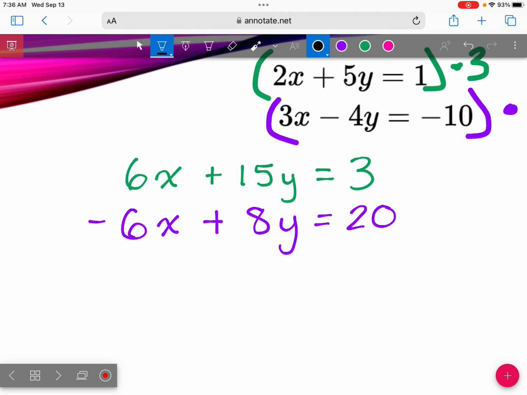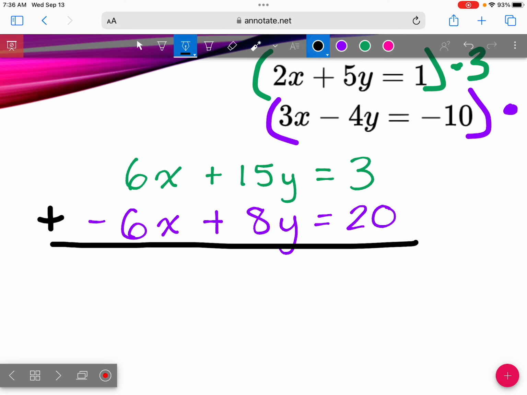I can multiply them by whatever I want. And then we're going to come through with my green and purple equations over here and add them together just like we did. 6 in columns now. 6x plus negative 6x gives me 0 x's. 15y plus 8y gives me 23y.